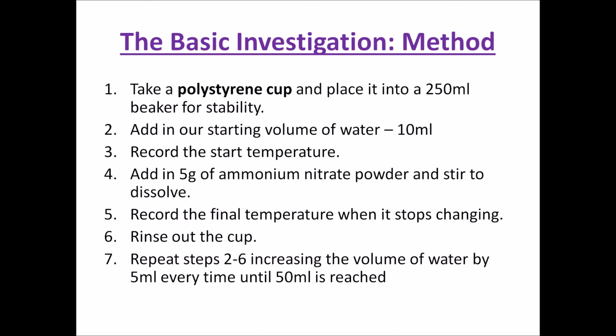So I've given here my range. I've given appropriate numbers of the reactants in terms of the volumes and the masses. I have also said what we're going to be recording, the start and the final temperature. I should also say after this I can work out the change in temperature.